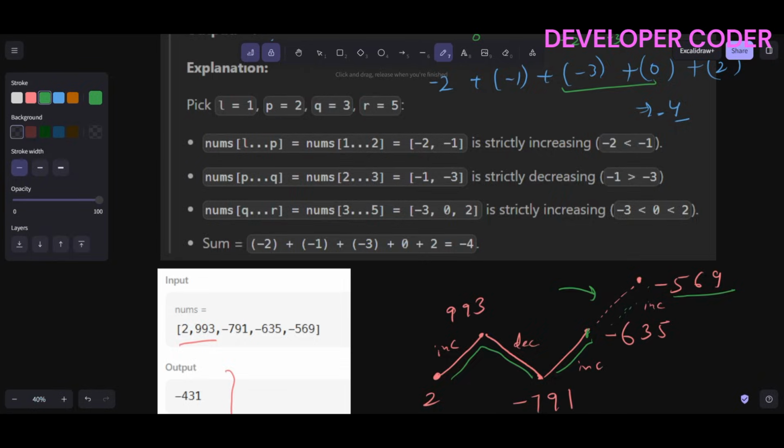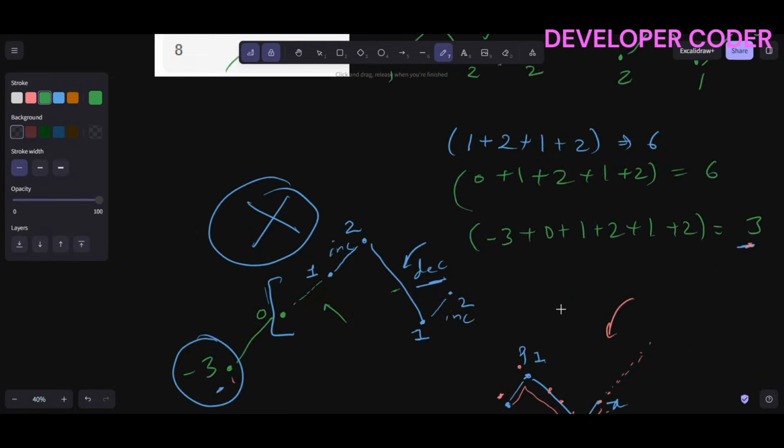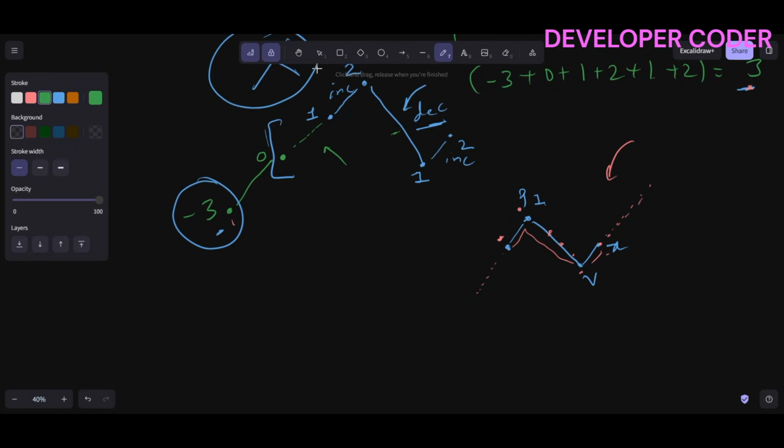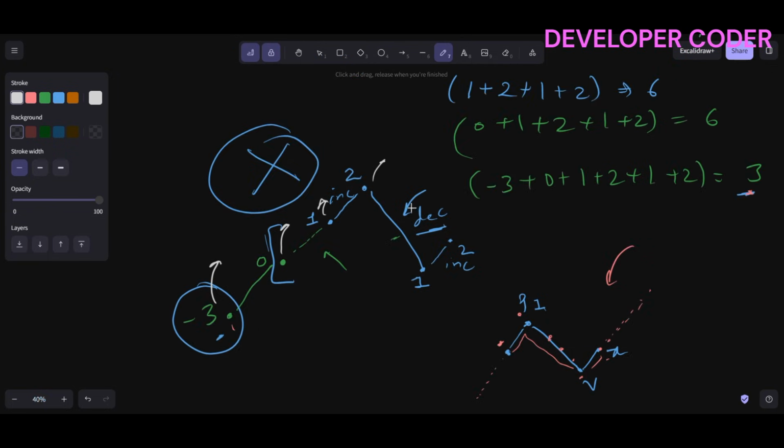After that, we can have different start points, right? We can have this as my starting point, this as my starting point, this as my starting point. All of these can be my starting point. From here also I can start, from here also I can start.